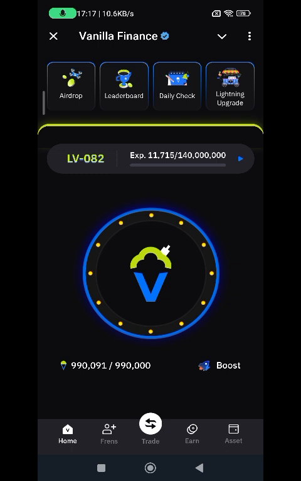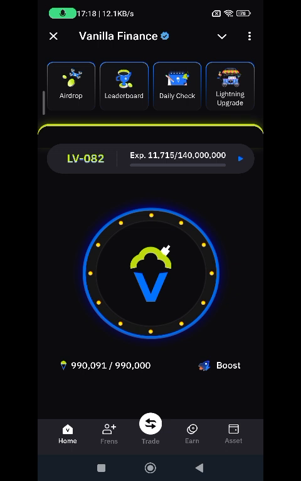For this level, I have a trading volume of about 11,000 coins, and I need a total volume of 140 million coins in order to move to level 83. So for you to change levels, you need to actually trade. You need trading volume, and if you don't trade coin volume, you obviously have to trade USDT. So trading just has to happen one way or the other.